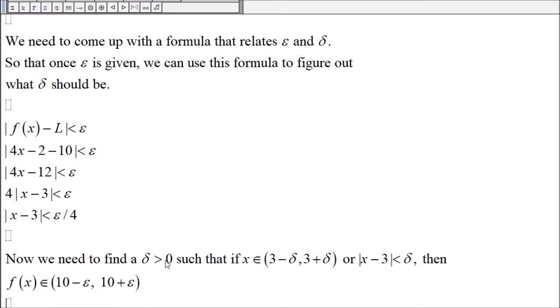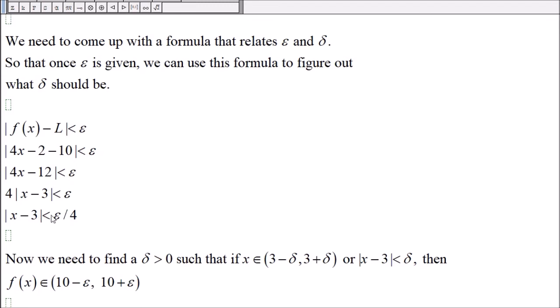And so we have to come up with a delta that must meet this condition right here, which is the same as this, and this condition at the same time, because this condition is equivalent to this statement right here.